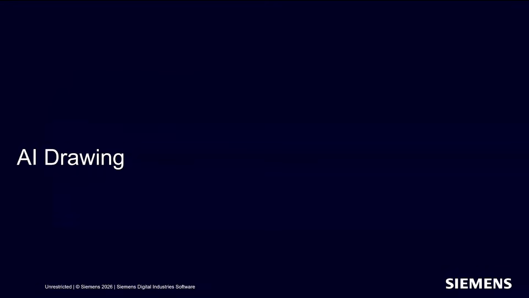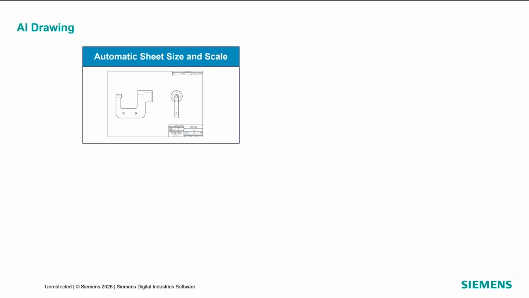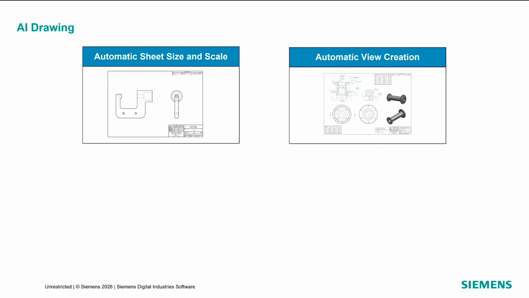So AI drawing. So if I were to separate AI drawings into 3 different categories as far as what it can achieve, it starts with automatically picking the sheet size and the scale of the model in the backend when you run this command.